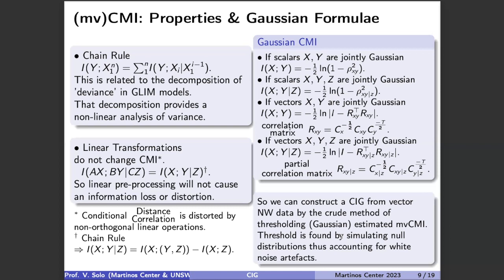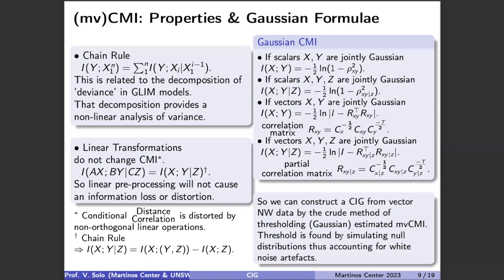At one stage, they decided to see what happened if they simulated a white noise brain and pumped it through their processing stream, and discovered to their great surprise that they found small world network in this white noise brain, which of course should scare the hell out of you, because you would have hoped and expected there's no such structure. But it's because of the singularity issue. There's massive amounts of noise still because you don't have enough time points.